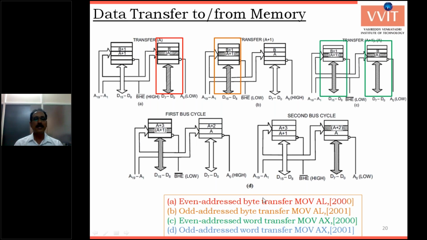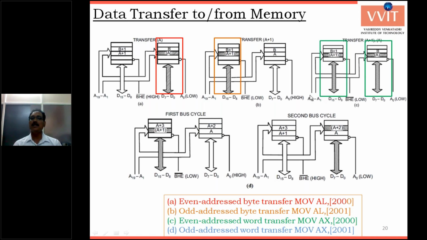The first referred address is 2001, the odd address location, which is A plus 1. The next consecutive memory location address is 2002, available in the even memory bank, which is A plus 2. That is the third location of the memory bank. That means the A1 to A19 address content is also changed.